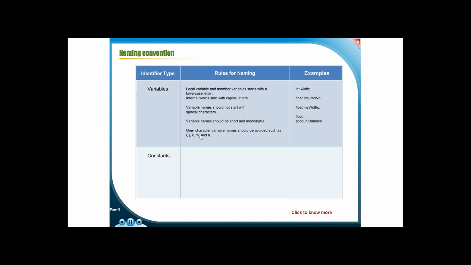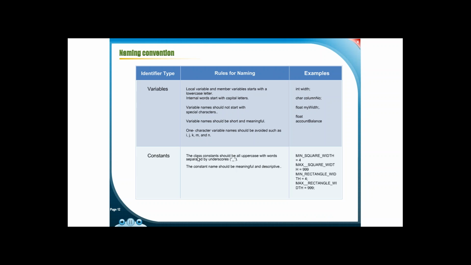Avoid that. Instead give a meaningful name. For looping in a while loop or for loop, where we say int i, instead you give int counter. You can see some examples here: int width, char column number, float my width, float account balance.